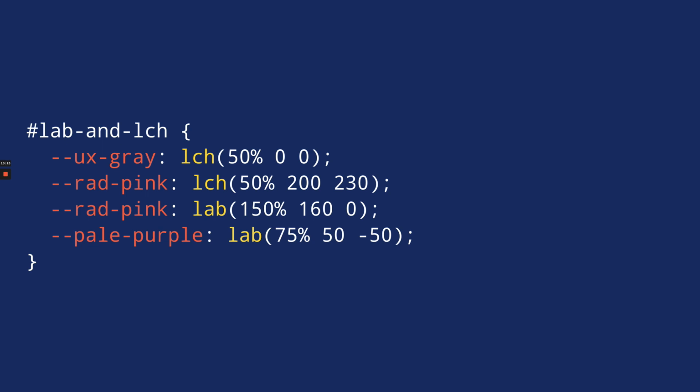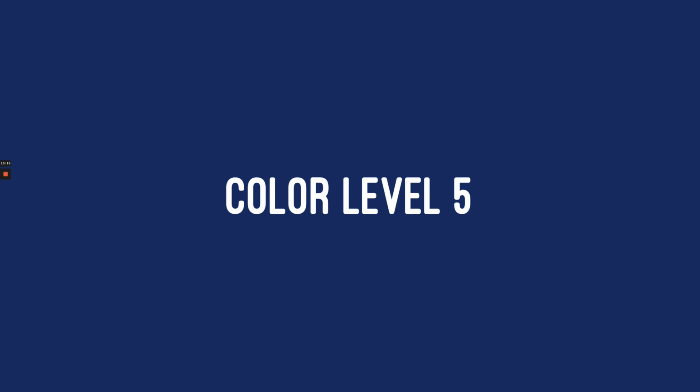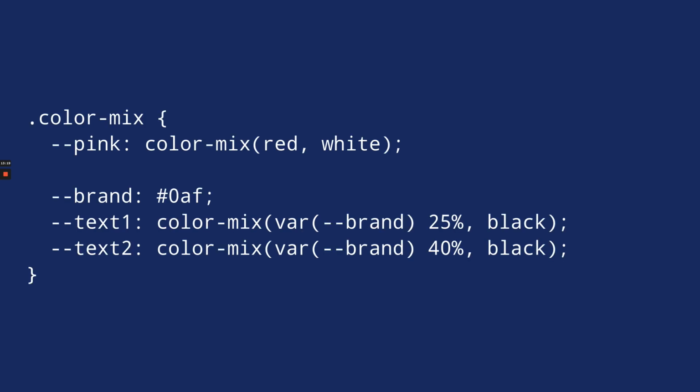So really interesting stuff. And then coming even after that, there's color level 5 that introduces color mixing. And this is mind-blowing, because now you actually mix colors the way real-life paint works. So you can mix red and white, and it will actually render a pink color. More than that, you can mix colors at different rates.